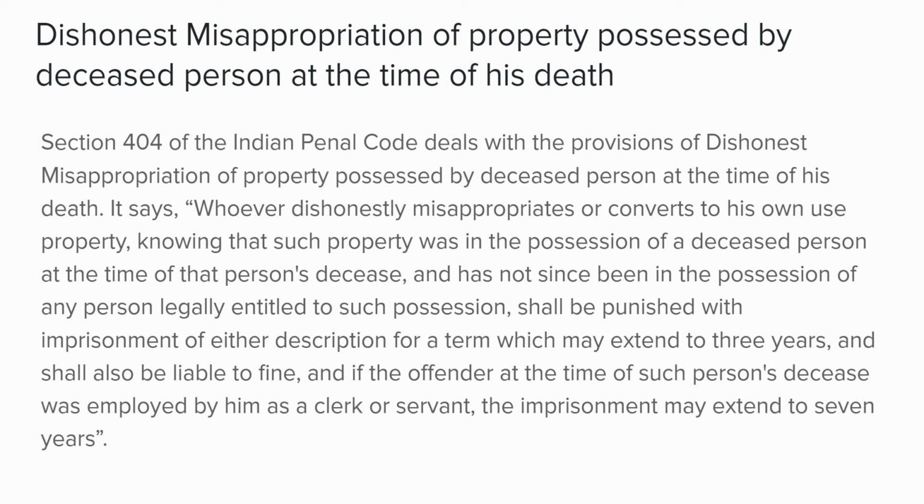And if the offender committing this offense was employed by the deceased person, supposedly a maid servant, say A has employed a maid servant Z, and A's legal heir is B. So in this case, at the time of A's death, before B gets all the property and money of A, if Z gets that property or money and misappropriates or converts it to his own use, then that is called dishonest misappropriation of property possessed by a deceased person at the time of his death.